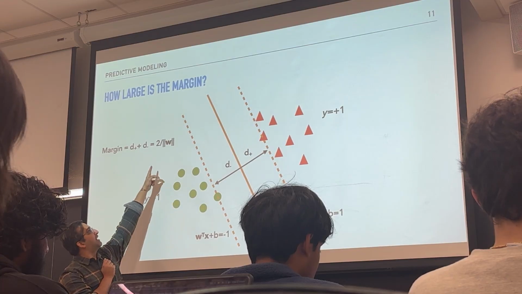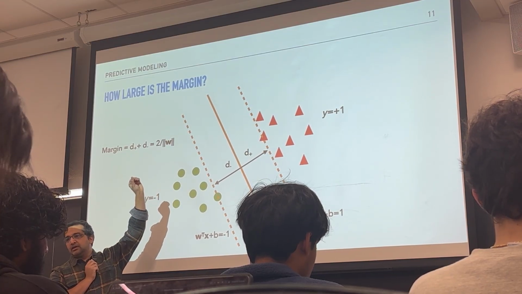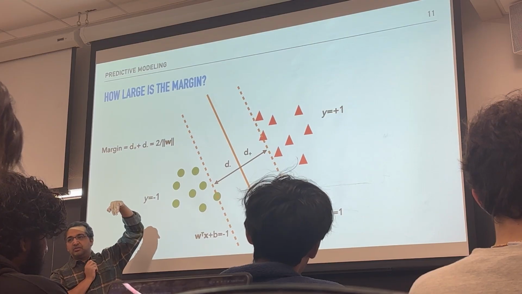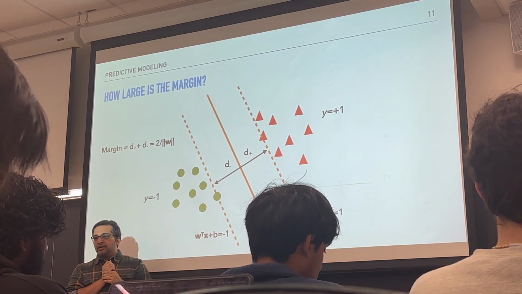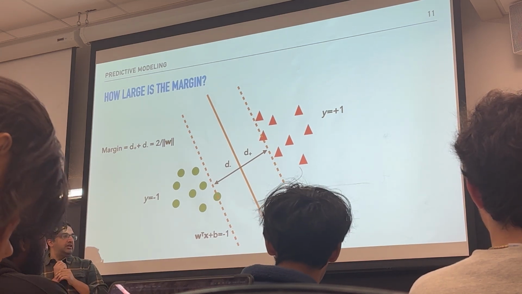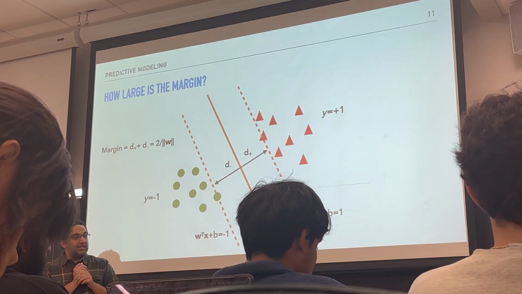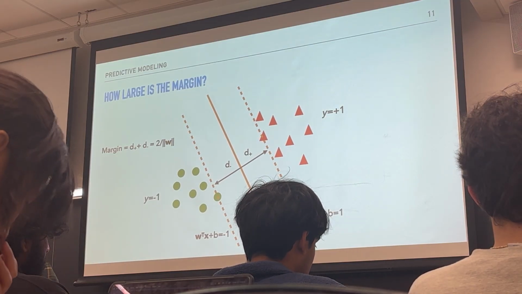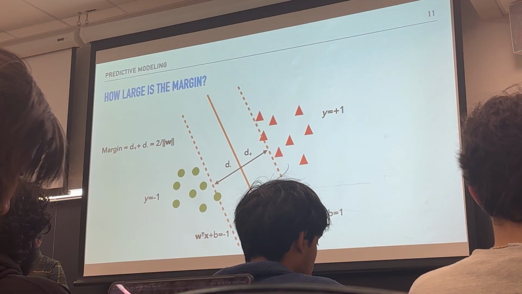But this is 2 divided by the norm. Yes, because you have both sides. But you're dividing it by the norm. Because you're scaling it, so you have to divide it. I see. Honestly, I'm not able to get your intuition, but you are right. That's essentially the way to think about it.